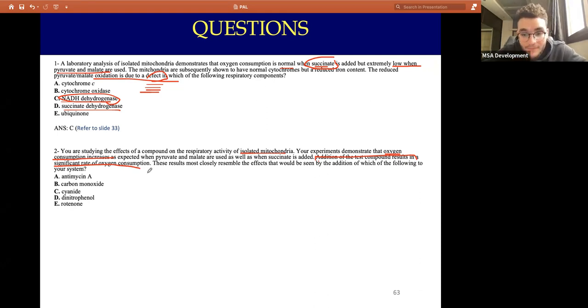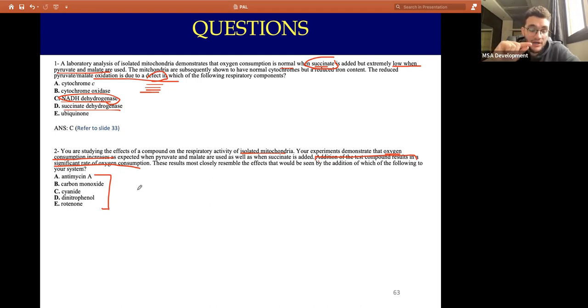Remember when we talked about inhibitors and uncouplers. If you look at the choices, remember what the difference was between uncoupler and inhibitor? Inhibitor decreases oxygen consumption, decreases ATP synthesis, and decreases NADH oxidation.